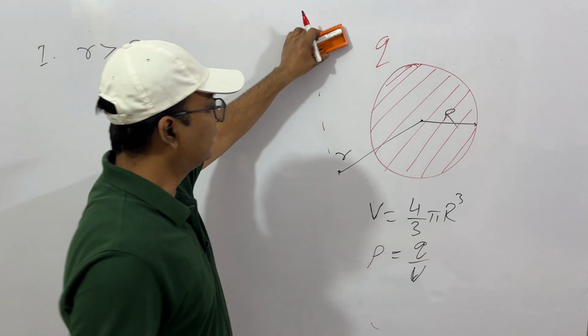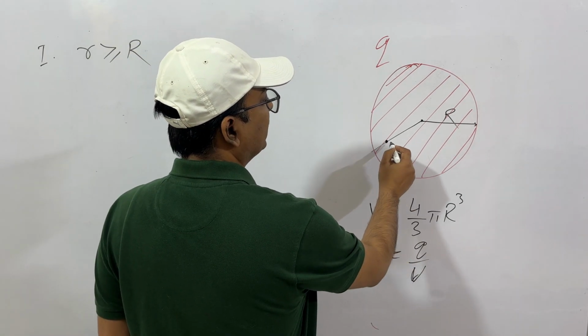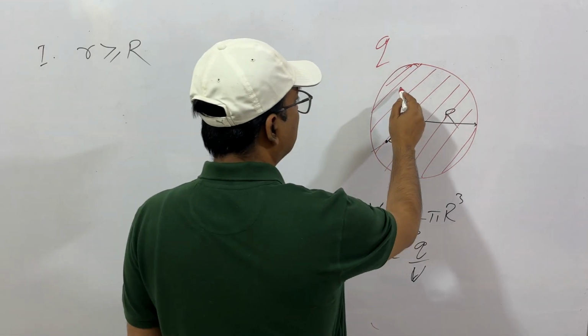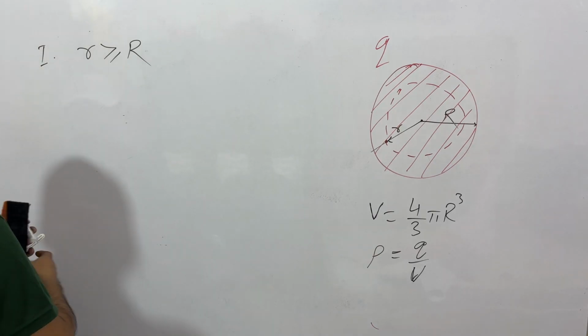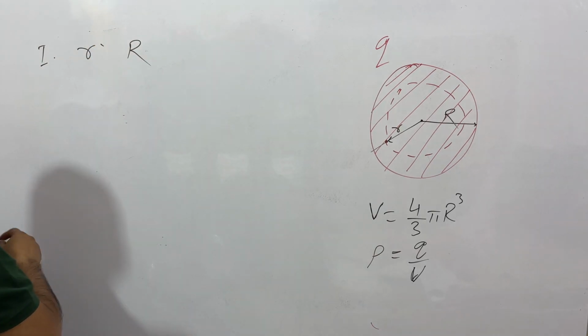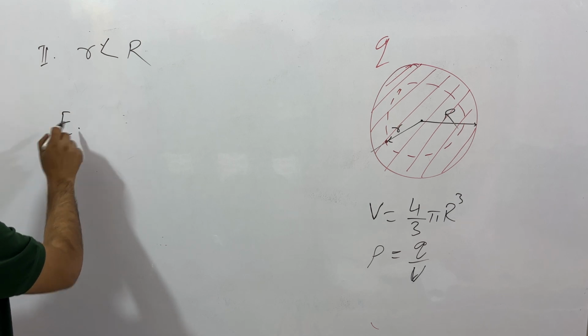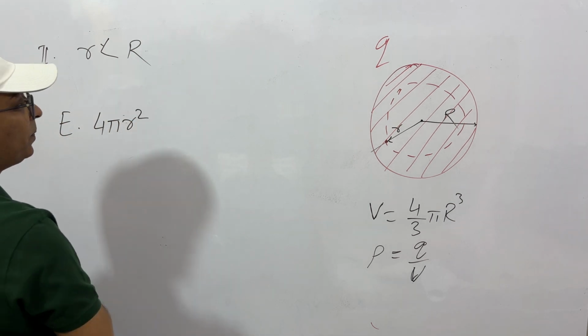Okay. Now let's say our point is inside it. This is our point, that is, this is r, small r. So what we'll do, we'll take a Gaussian surface here. Then what? This is case number 2, that is r less than R. Then E into the area of this Gaussian surface, again it will be 4 pi r square.